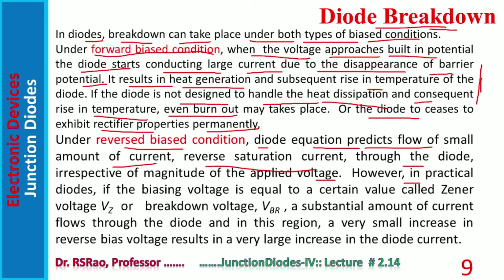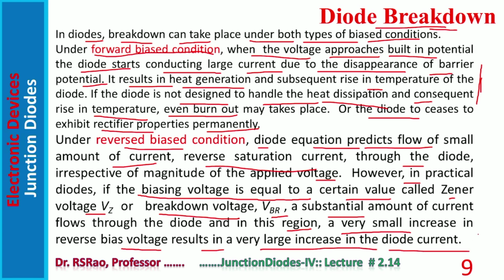However, in practical diodes, if the biasing voltage is equal to a certain value called Zener voltage Vz or breakdown voltage VBR, a substantial amount of current flows through the diode, and in this region, a very small increase in reverse bias voltage results in a very large increase in diode current. So the deviation is there. Deviation is not normal, it is abnormal. So we say breakdown has taken place.